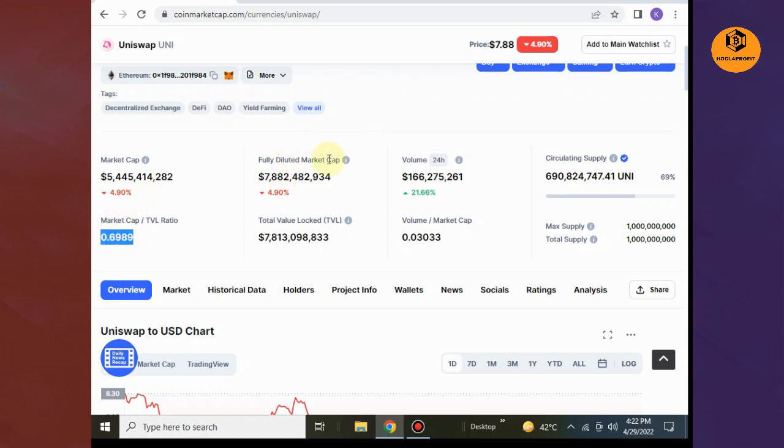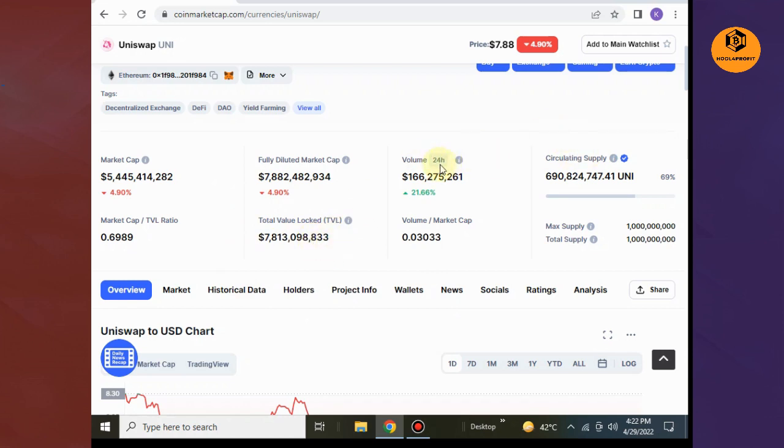The fully diluted market cap value is $7,882,482,934, which is 4.90% decreased. The total value locked, TVL, is $7,813,098,833.